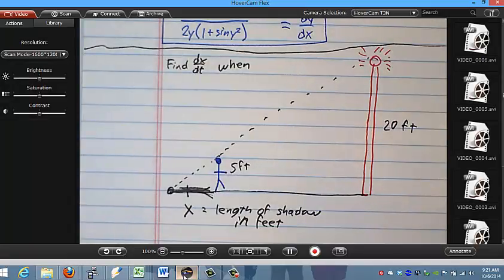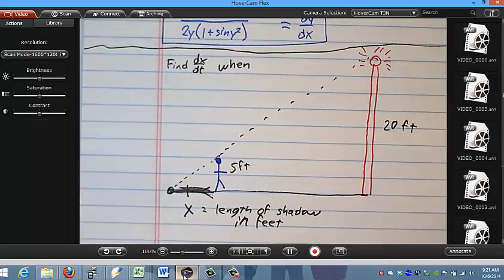Now hold on a second, just so you guys understand. I labeled this X because, do you guys understand the length of the shadow is going to change? Sure. Matter of fact, right when she's directly under the street light, it'll be 0. And it'll start growing again. You guys with me? So because she's walking towards the street light, the shadow changes until it gets to 0.